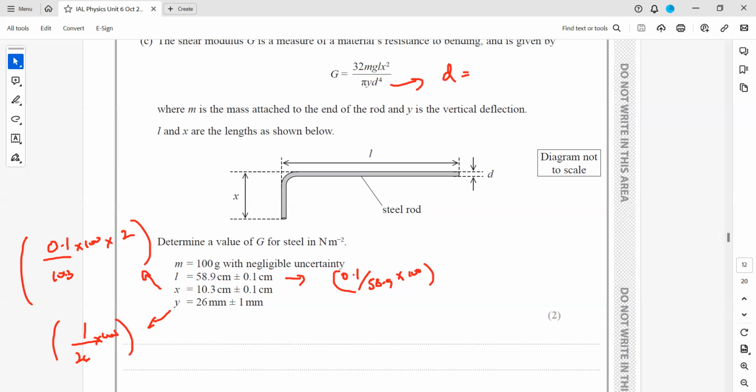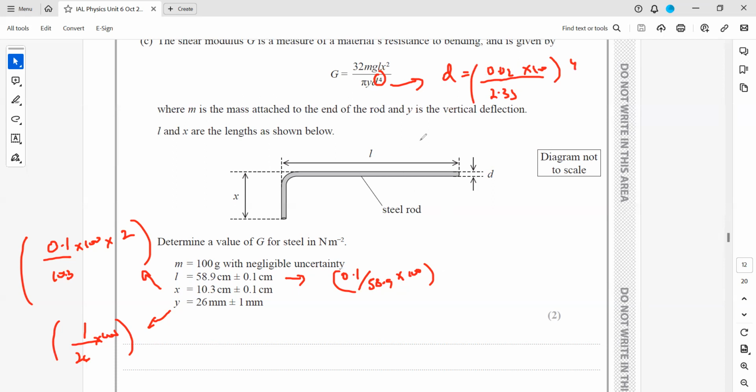That was 0.02, divided by the average value recorded, 2.35. So this was 0.02 divided by 2.35 into 100, and this whole factor will be multiplied by 4 because of power 4.